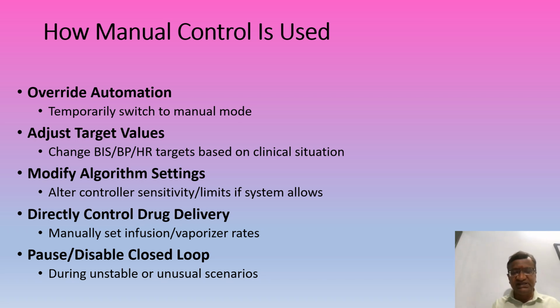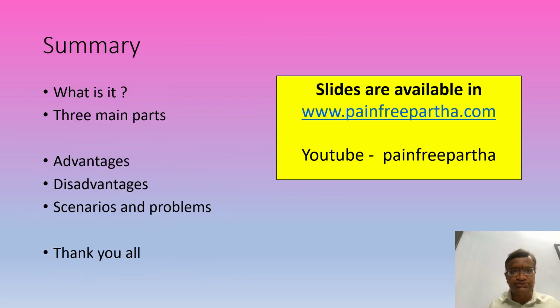For example, if the patient has a BP of 180, we take it as an emergency, and if we keep the target BP at 90, then it is not good. So we have to adjust the target values. You have to modify the algorithm settings. You have to directly control. Yes, manually set. Yes, some bypass or disable closed loops for some time. This is how a clinician or the anesthetist can overcome the closed loop.